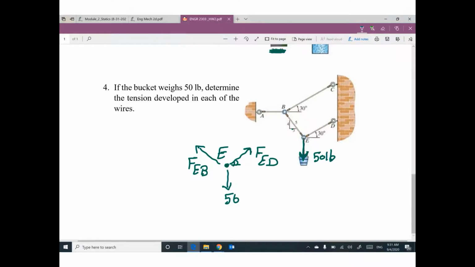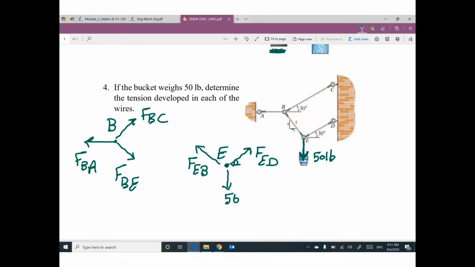What else do you have? Joint B. We have this force, FCB. I'm sorry, force BE or EB, whatever. This force FBC and this horizontal force FBE.